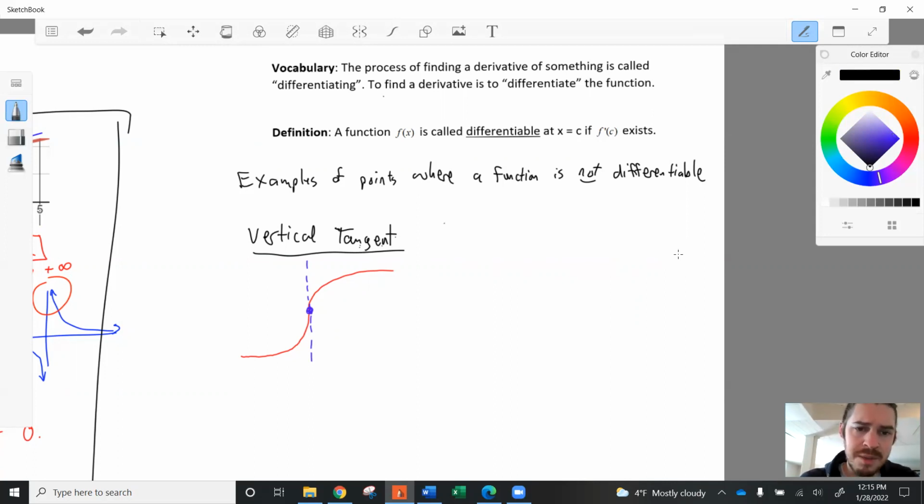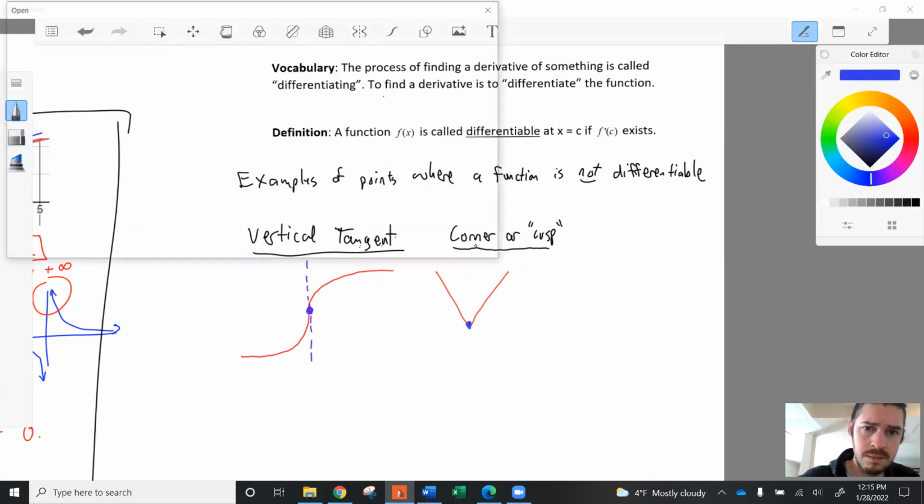Another case in which you can have something non-differentiable is what's called a corner or a cusp. There's a word, another vocab word for us, cusp. This would be where you have something like this, where at this point here, the question is, what is the tangent line? Sorry.